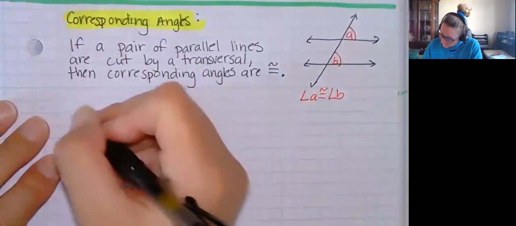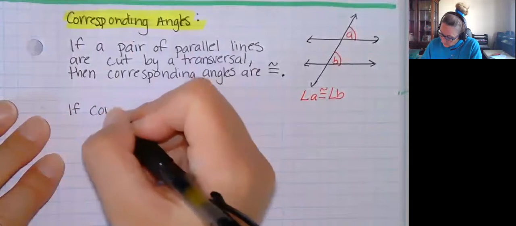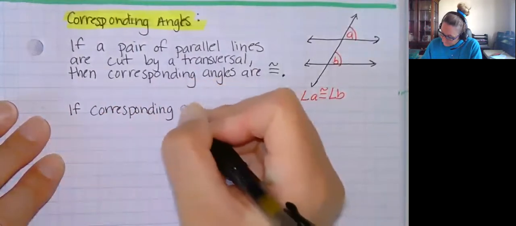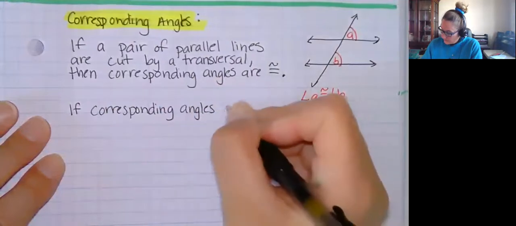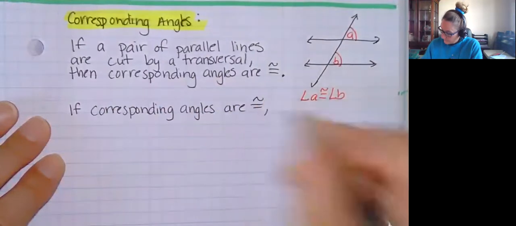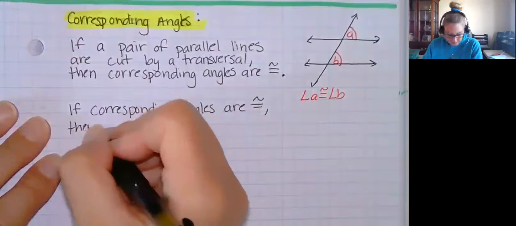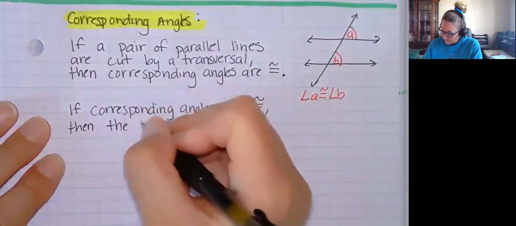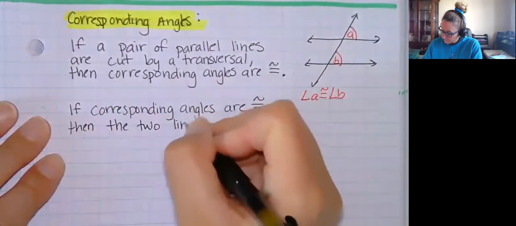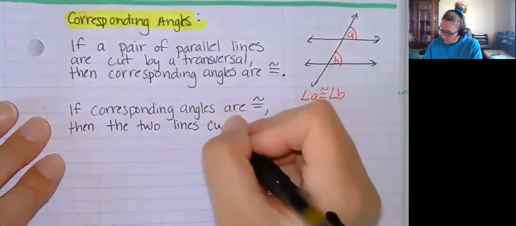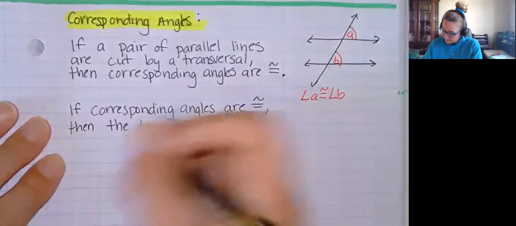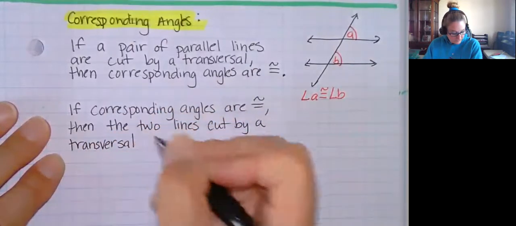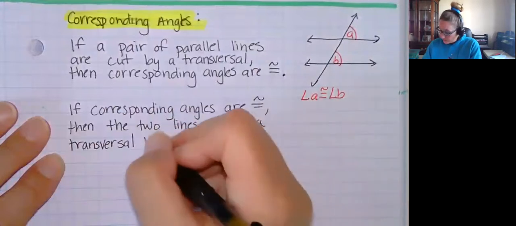So that is, if corresponding angles are congruent, then the two lines cut by a transversal that form them are parallel.